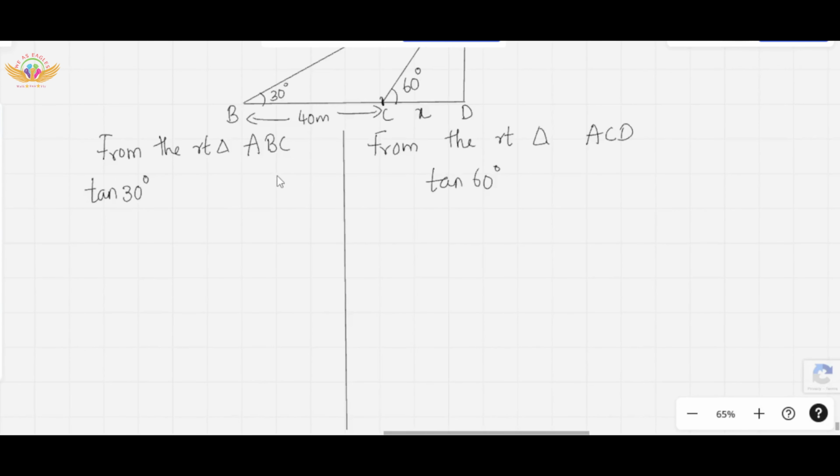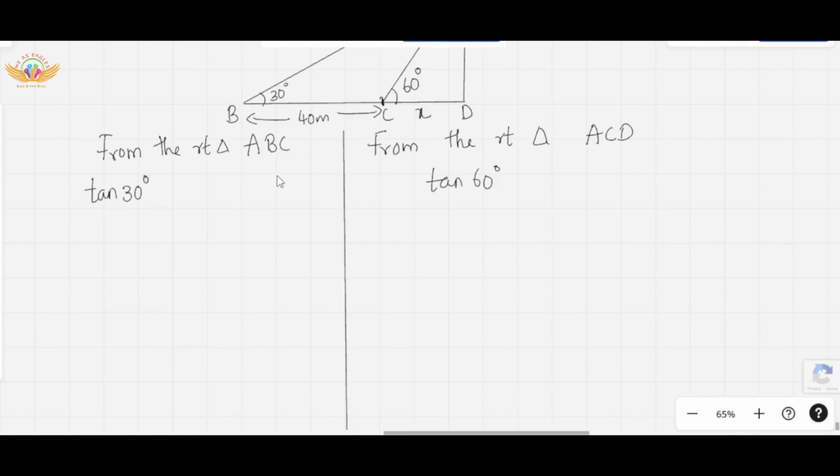So what is AD? We don't know. What is BD? 40 plus X. And tan 30 is 1 by root 3. Here tan 60 is root 3, that is equal to AD by CD, which is X.